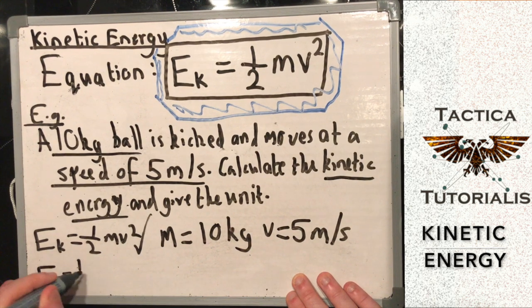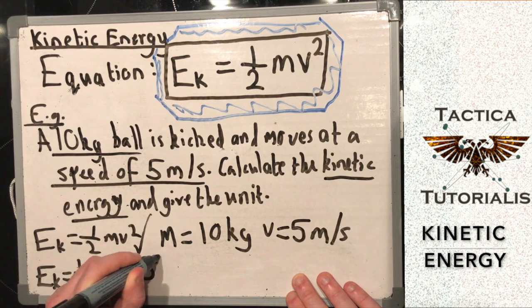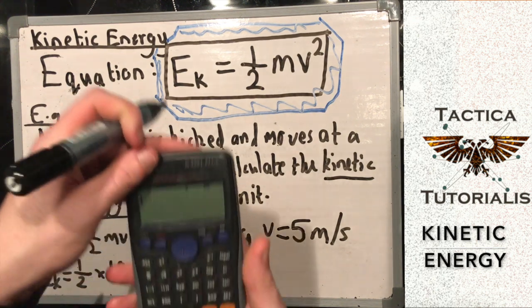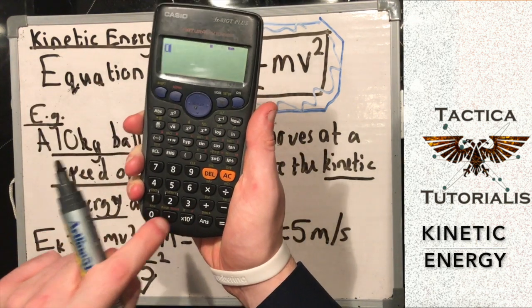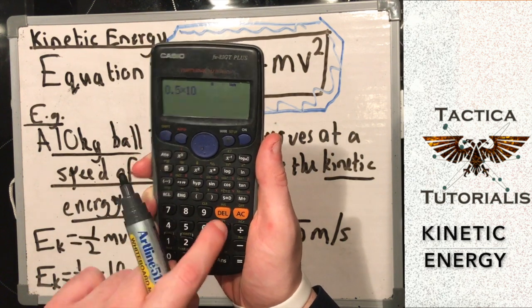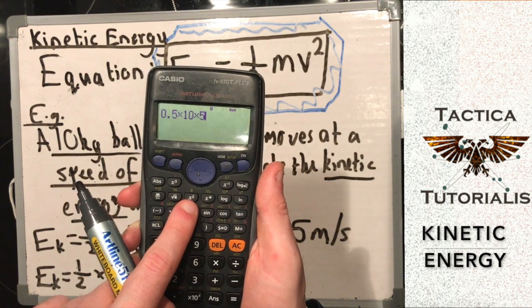So EK is a half times 10 times 5 squared, point. And now we're going to go through that on our calculator together. So for a half, I'm going to do 0.5 because they're the same thing in decimal and fraction, multiplied by 10, multiplied by 5. And the squared button, in case you've never seen it before, is this one here.